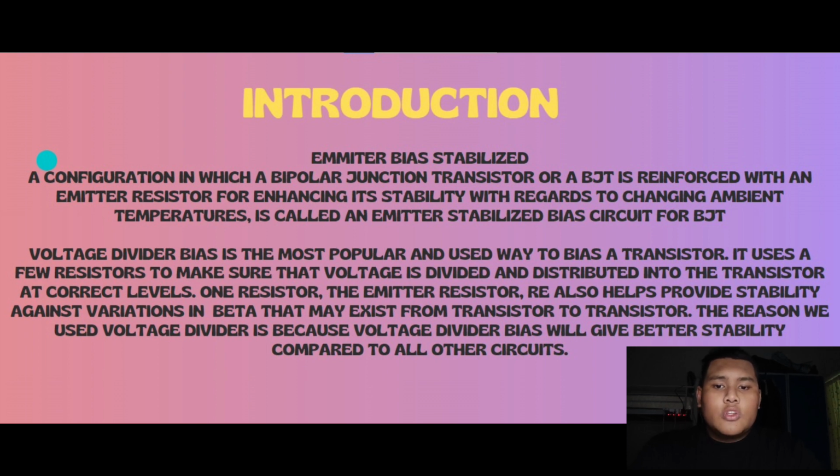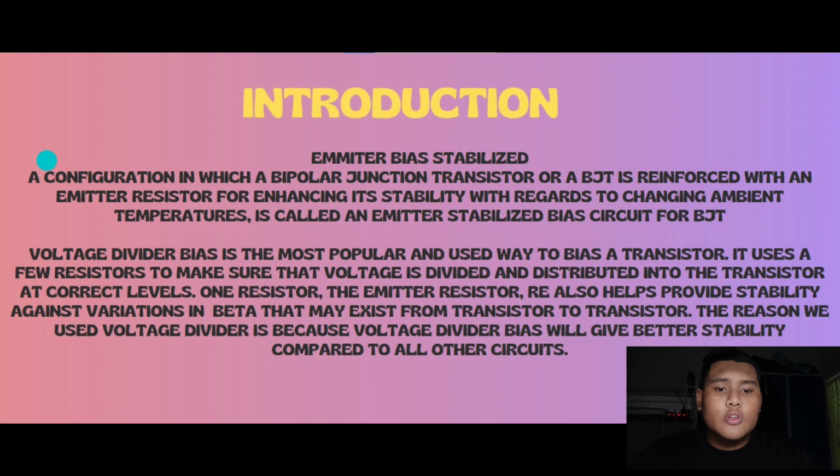Other than that, voltage divider bias is the most popular and used way to bias a transistor. It uses a few resistors to make sure that voltage is divided and distributed into this transistor at correct levels.